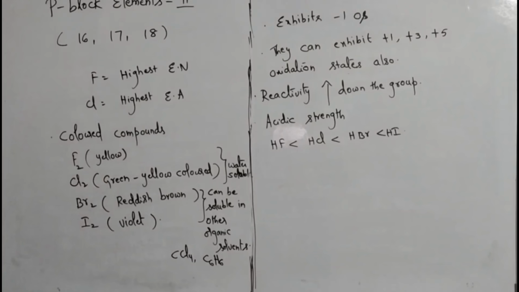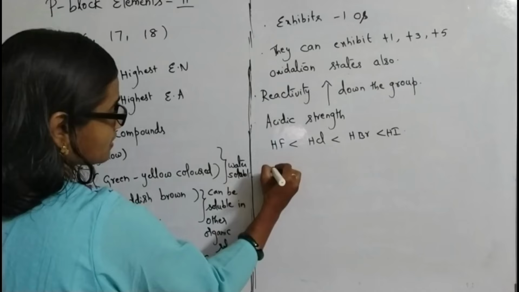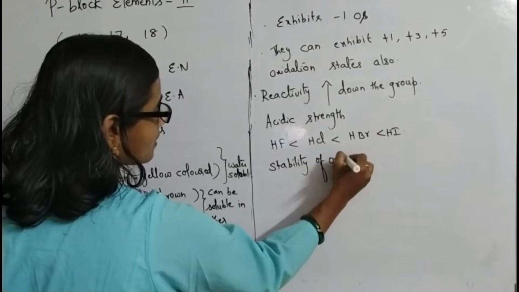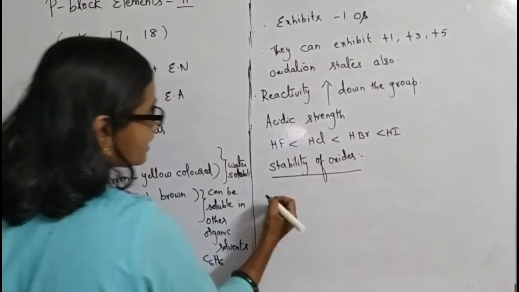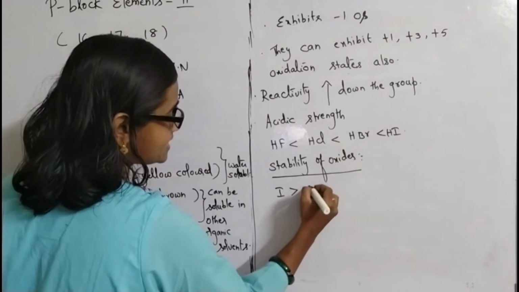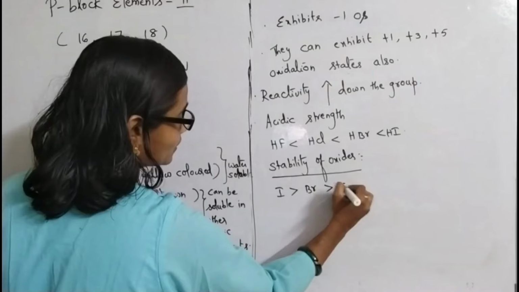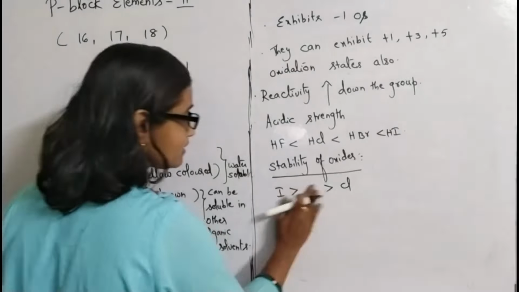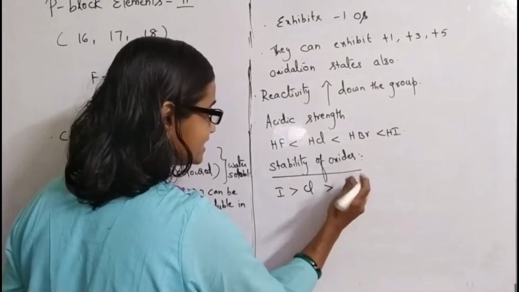If you go for stability of oxides, oxides of iodine are more stable. Iodine forms more stable oxides, then comes bromine, then chlorine.